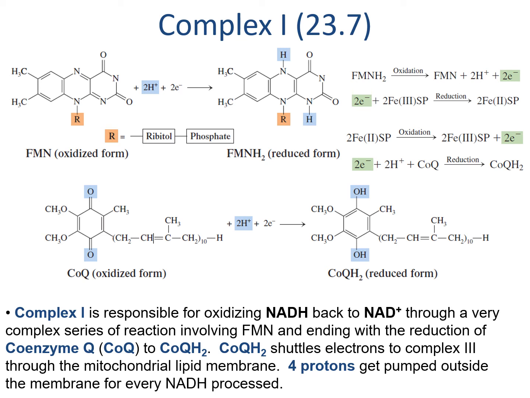In the process of this series of redox exchanges, complex 1 will pump 4 protons for every NADH. Remember that these 4 protons are only produced for NADH, since FADH2 does not send any electrons through complex 1. So again, highlights: complex 1 is responsible for oxidizing NADH, and it pumps 4 protons.